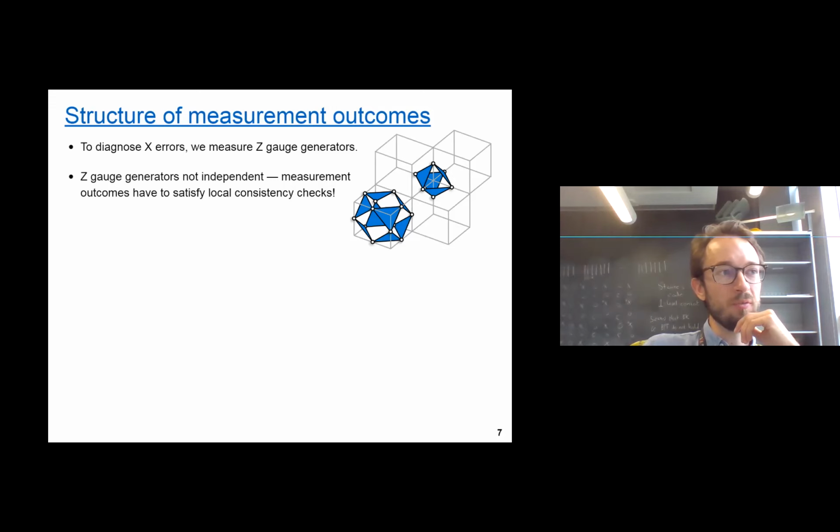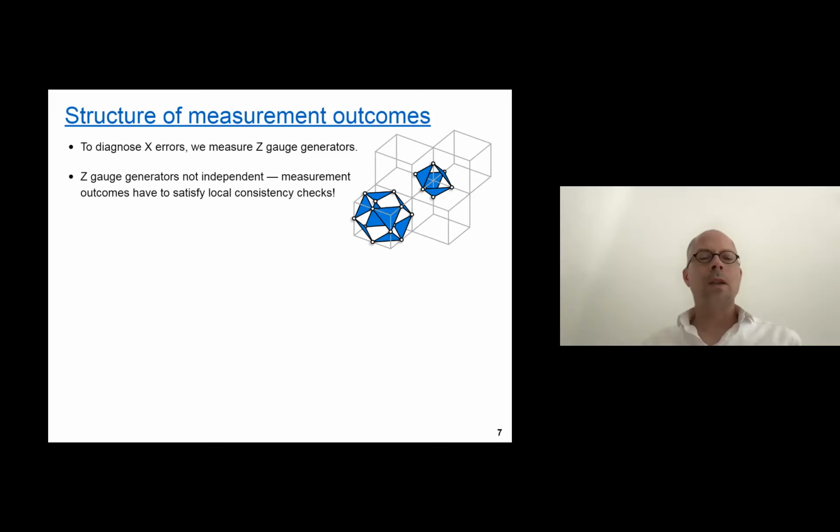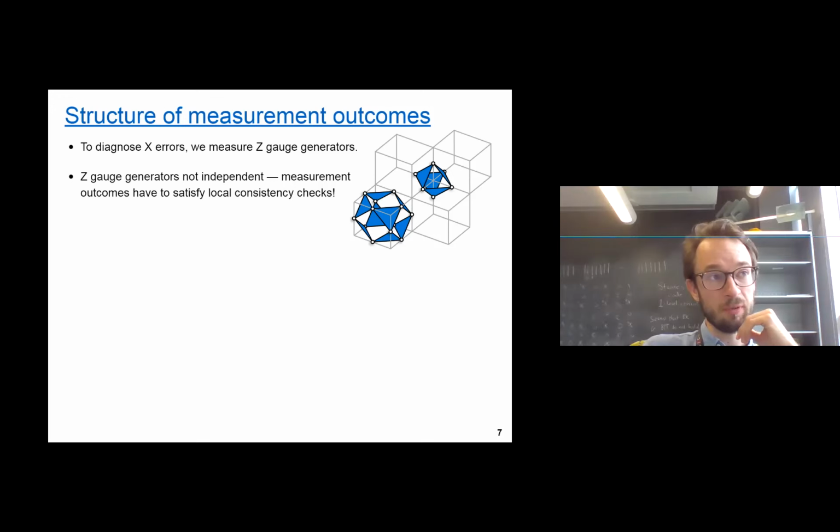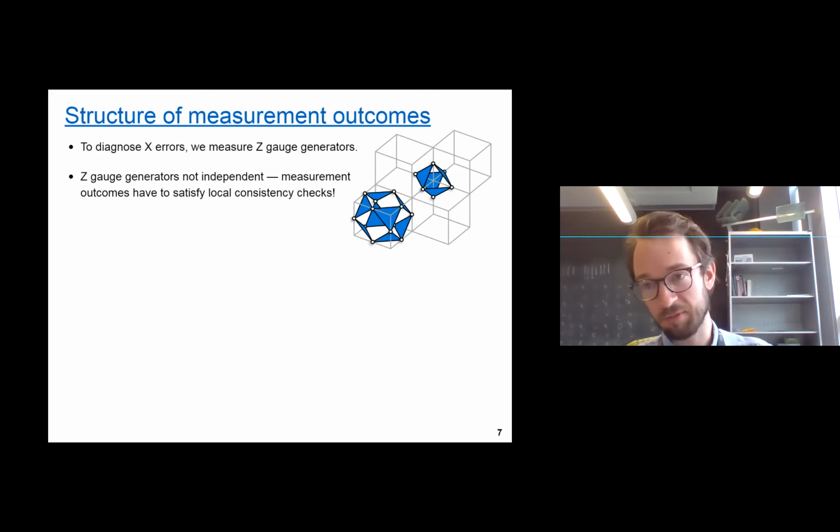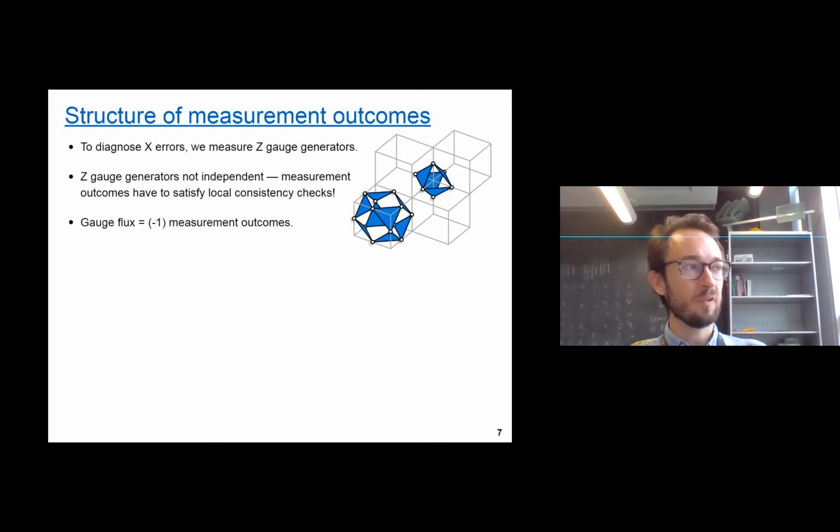The product of all the gauge generators in this cube has to be the identity, and importantly, the product of them around the vertex also has to be the identity. This gives us what we call some kind of Gauss law, so it gives us consistency checks on the syndrome of the gauge operators. We're going to call a gauge flux just a -1 measurement outcome.